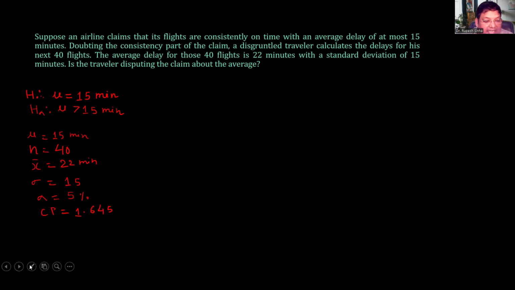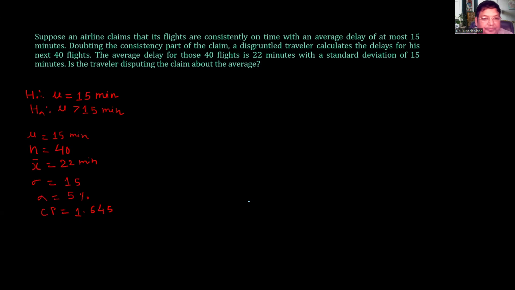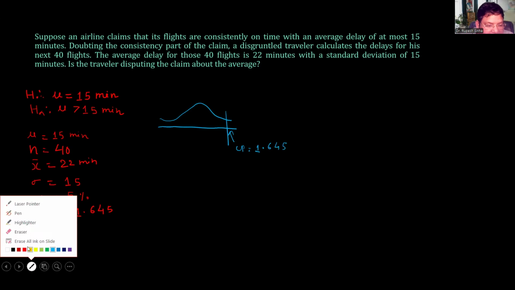So now let us solve the problem. This is the normal distribution. The critical point is 1.645. I am going to shade the regions of rejection and acceptance here.